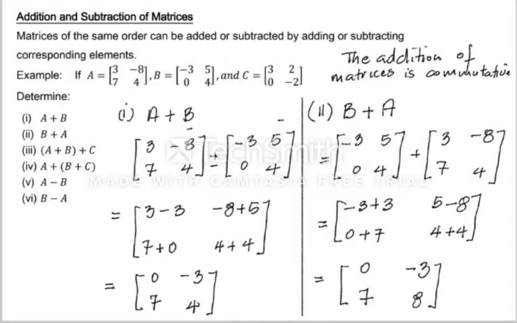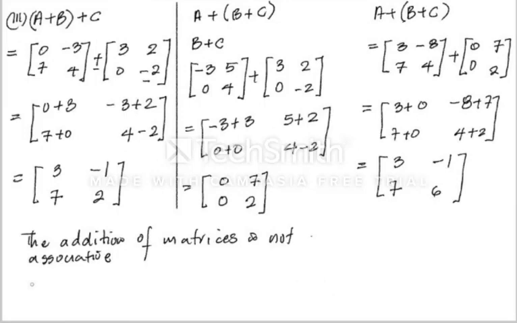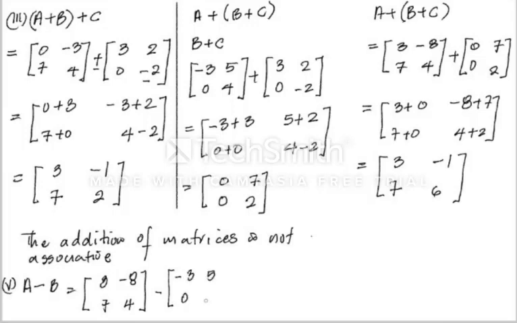All right, let's look at A minus B. This is part v. A is 3, minus 8, 7, 4. B is minus 3, 5, 0, 4.